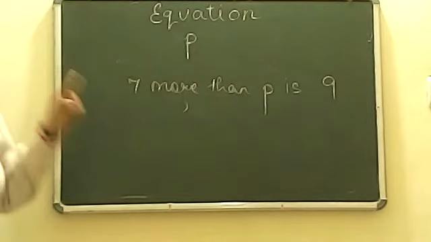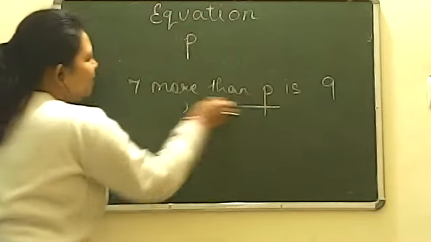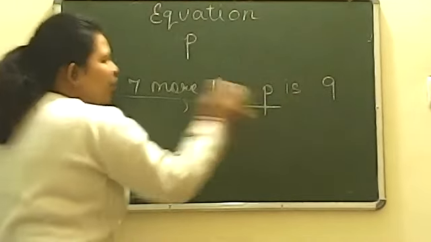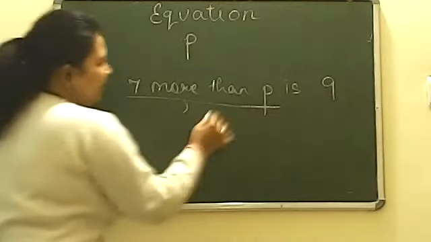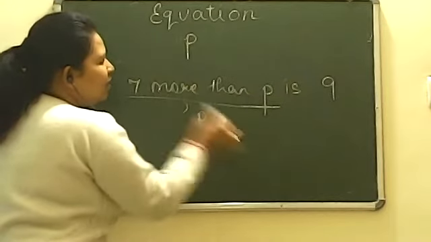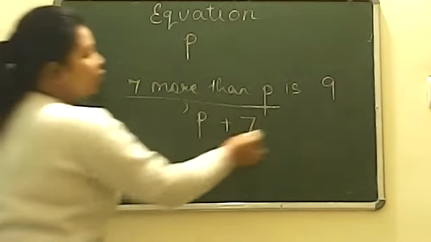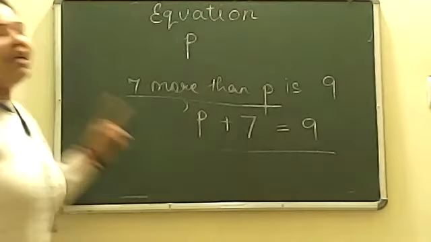Now see, I am giving you a condition. Until now, what did we study? Only this: what is 7 more than p? Now I am giving you a condition that when you add 7 to p, you get 9. Means you will write the statement like p plus 7 equals 9. Now this is a bound condition.